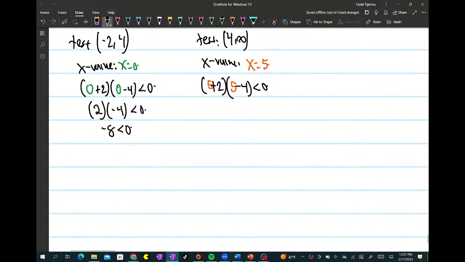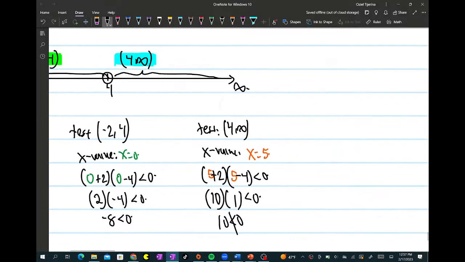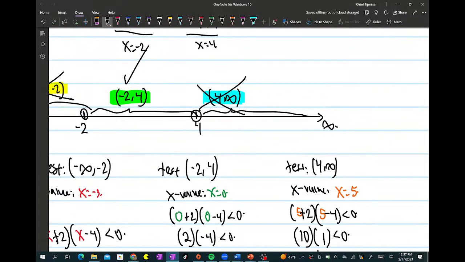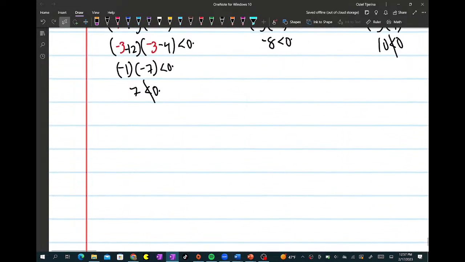And then this becomes 10 times 1 less than 0. It's 10 less than 0. This does not work. So obviously, the only solution set that we have is from negative 2 to 4. Right? And that is how you do that quadratic inequality.